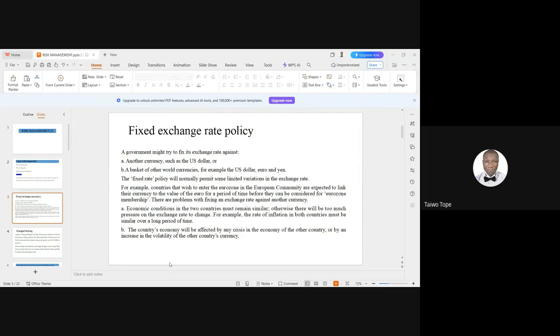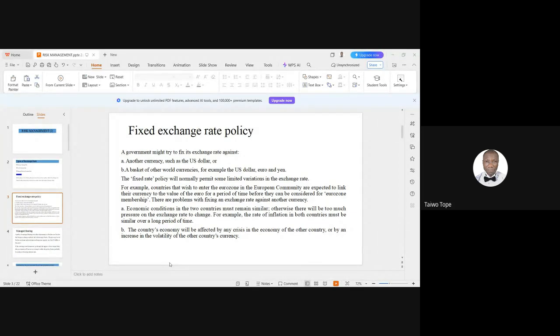All those measures such as OMO, open market operations, liquidity ratios, moral suasion, all those approaches. So this is also a way in which stability in the exchange rate can be achieved, whereby the government intervention is required and they fix the exchange rate to make sure that the economy of a particular country does not run into shambles.